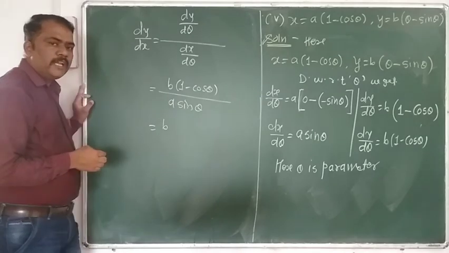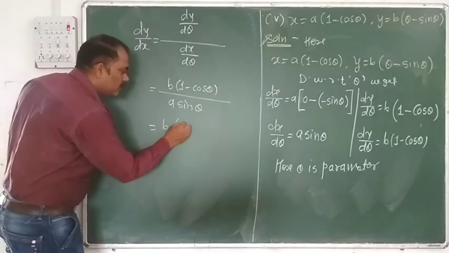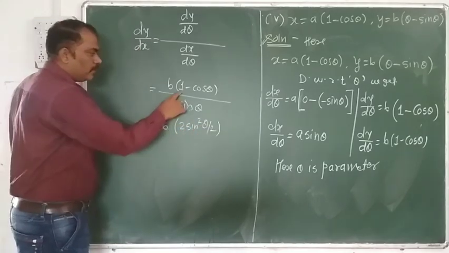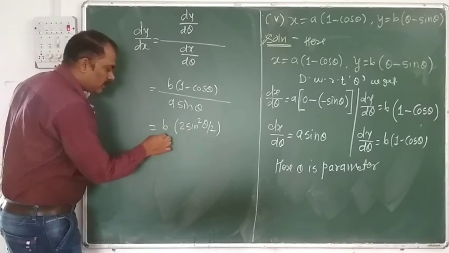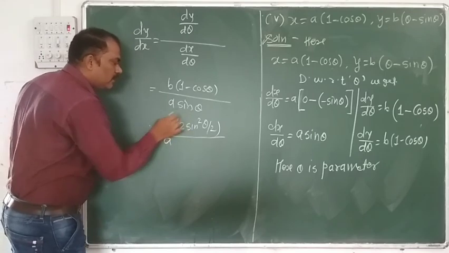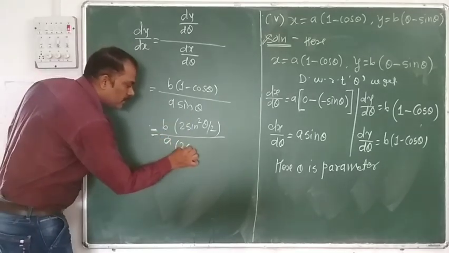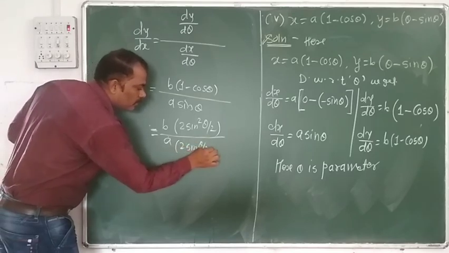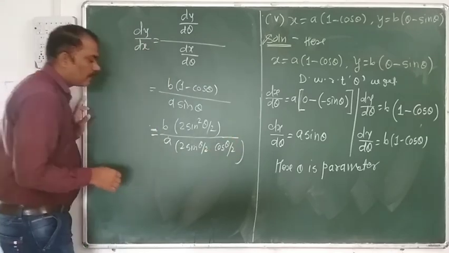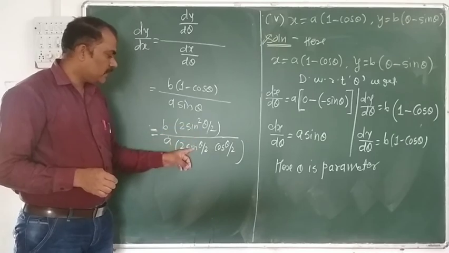So that is equal to b into, what is the value of 1 minus cos theta? There is a standard identity. Its value is 2 times sin square theta by 2, divided by a into sin theta, which we can also write in terms of the half angle formula, 2 times sin theta by 2 into cos theta by 2. Here square is there, here single one is there.